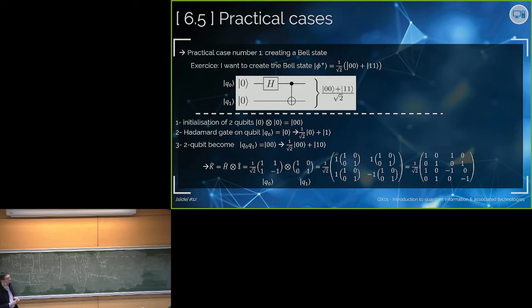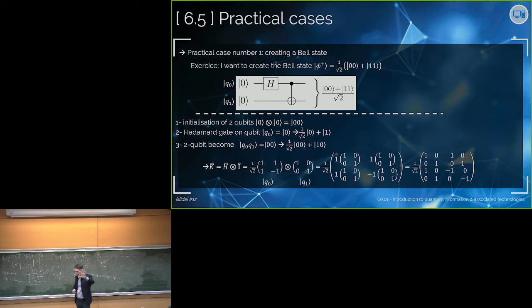So let's have a look at practical cases. I have two practical cases I want to look into. First, as an exercise, the first one is to create a particular Bell state. I want to create the Bell state phi plus.